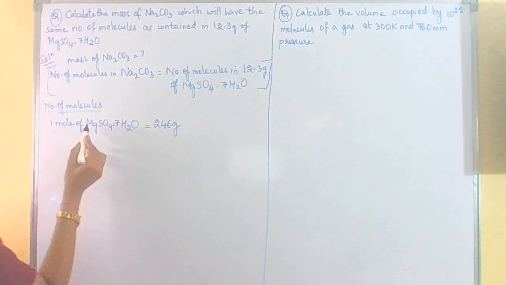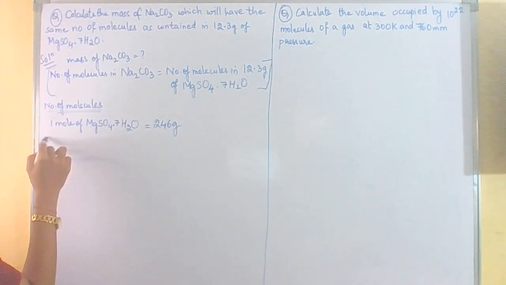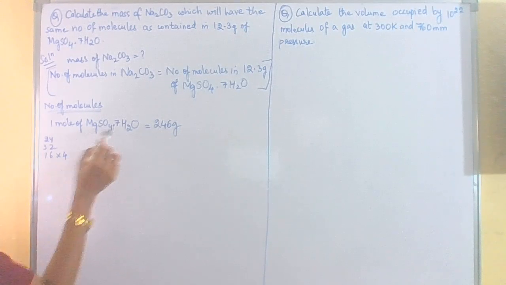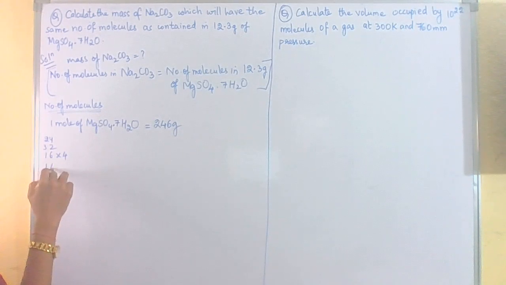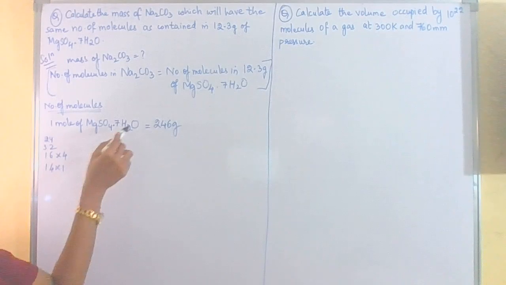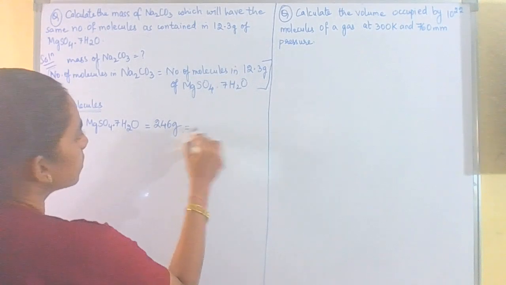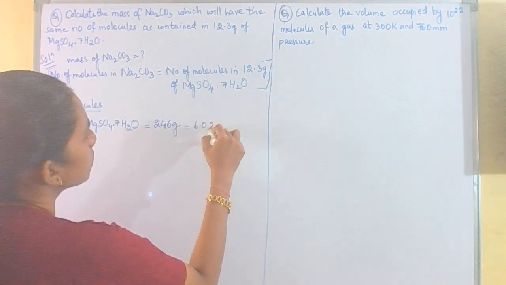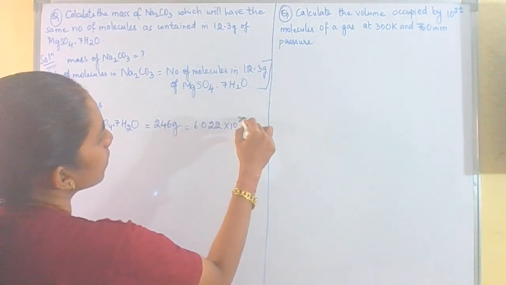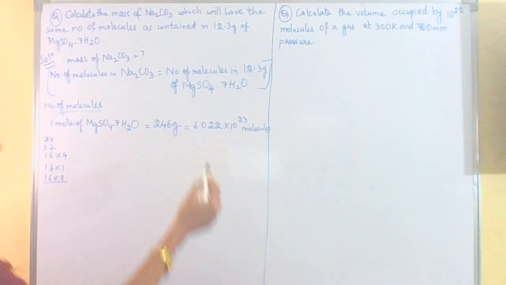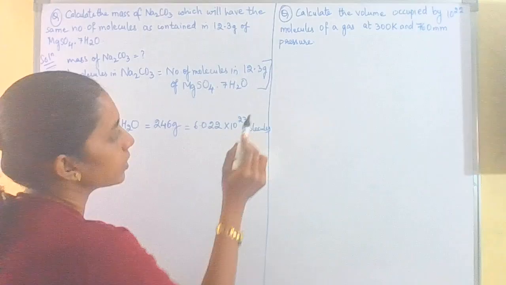Magnesium's atomic mass is 24, sulfur's is 32, oxygen is 16. You have to multiply it with 4. Then you have 14 hydrogens. Then you have 7 oxygen atoms again. So you have to add it, you will be getting 246 grams, which is equal to 6.022 into 10 to the power 23 molecules.